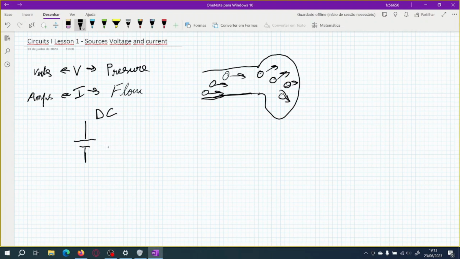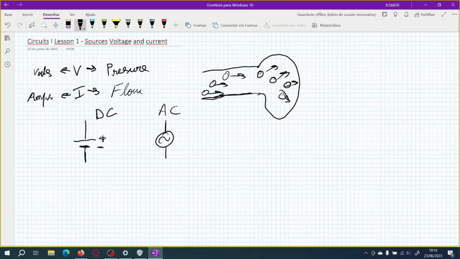It is direct current because the smaller part is the negative terminal, and the bigger one is the positive terminal. Whereas if we are working with alternating current, we don't have a positive and a negative terminal because they are oscillating, so we use this symbol right here. This is for voltage supplies or voltage sources.